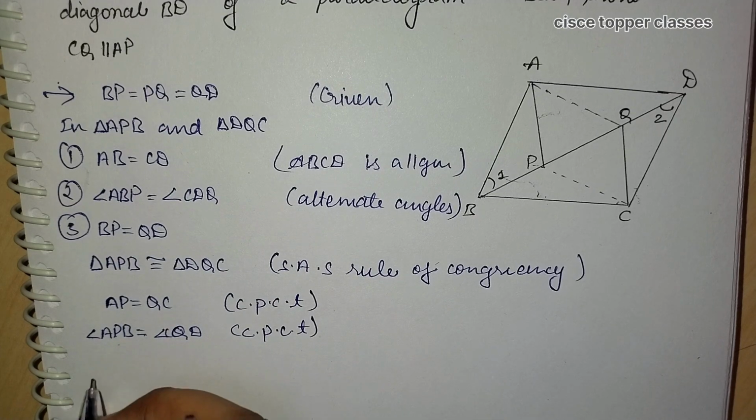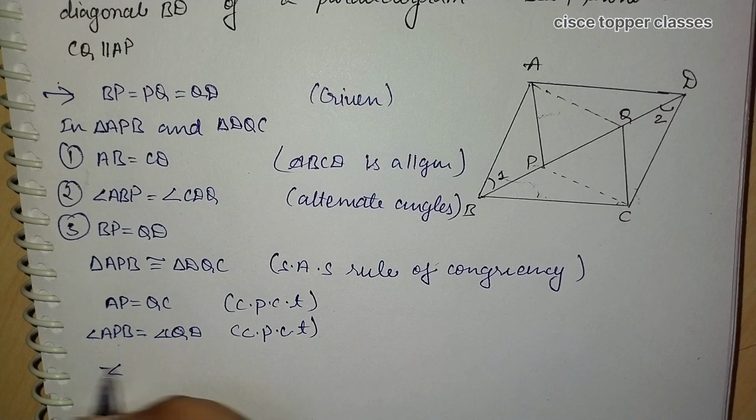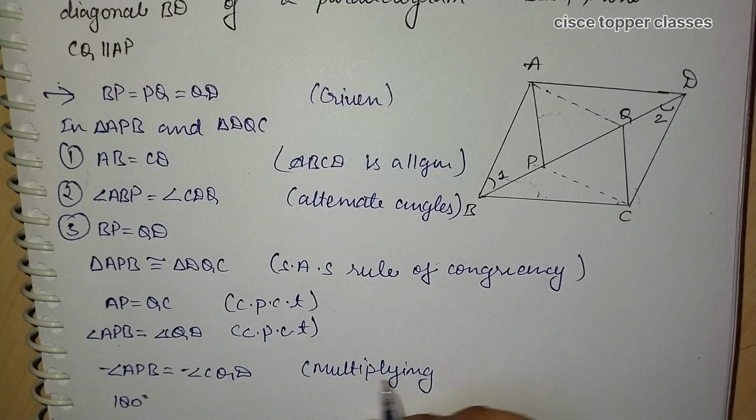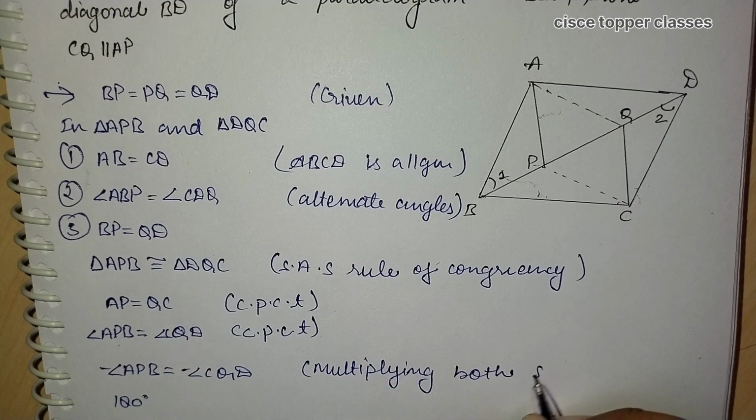Now we multiply both sides by minus 1, and then add 180 degrees on both sides.